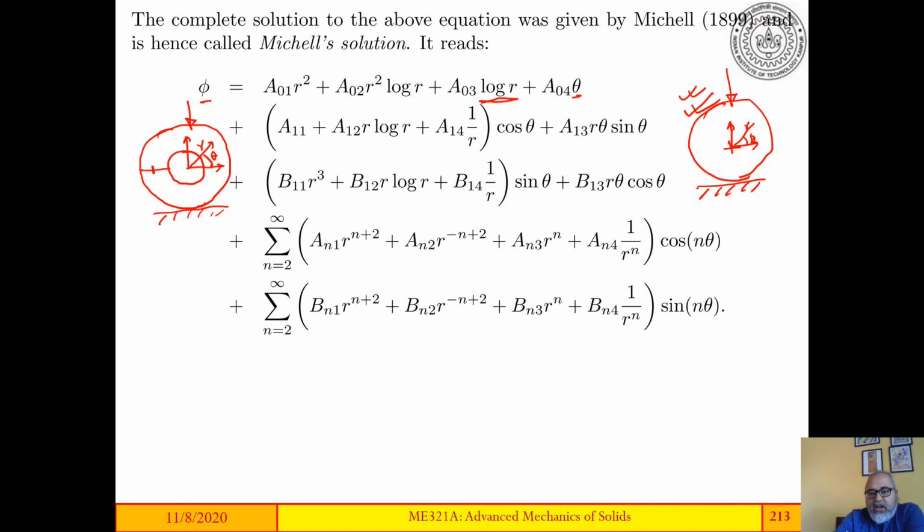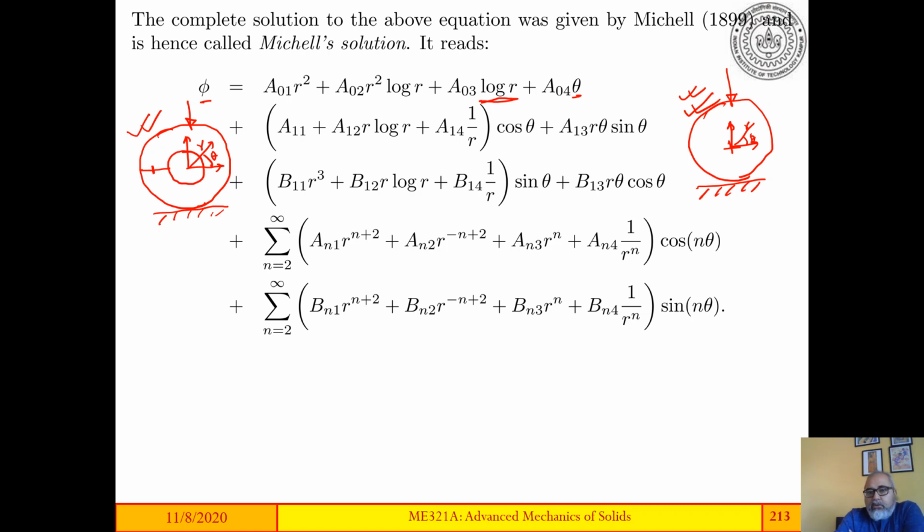So those are typical multiple valued terms that arise in these kinds of solutions, and terms like this, when they arise in the displacements, would give rise to multiple valued displacements and therefore will not be allowed for a problem like this. So those terms also will have to be weeded out from your initial assumption of phi.